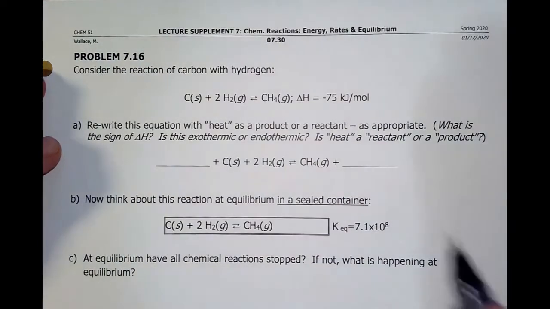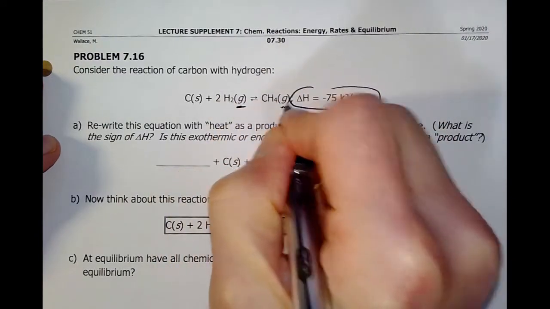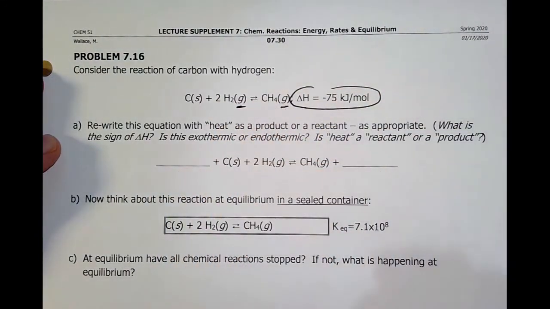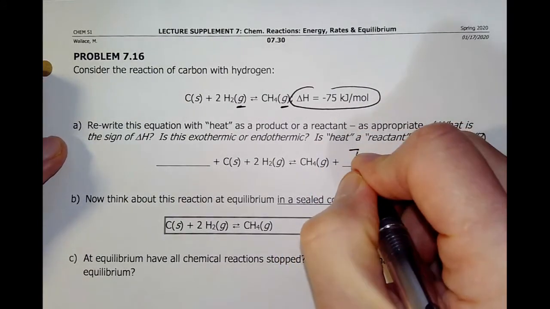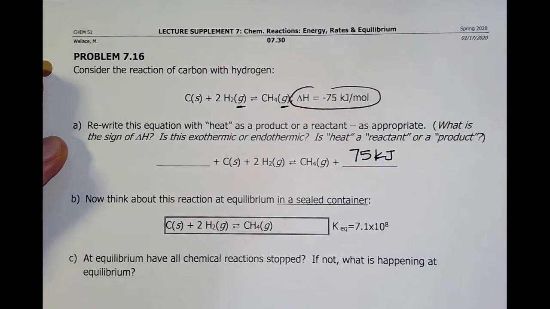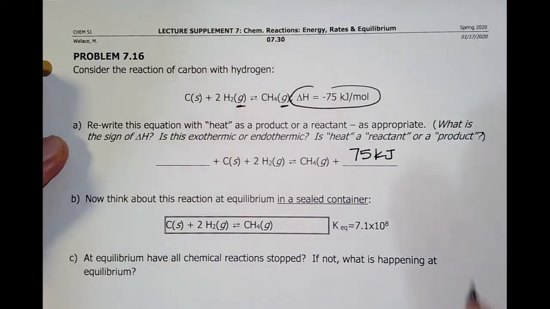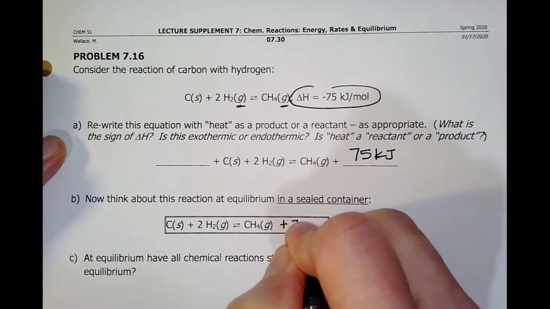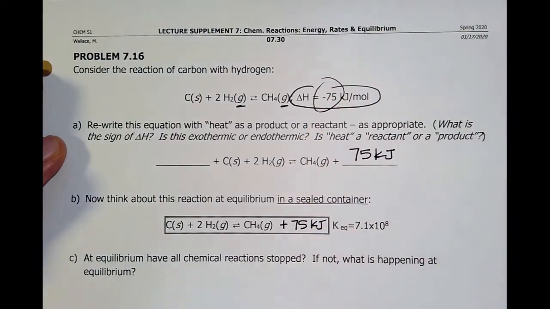Okay, here's my reaction I'm looking at. I've got two gases going to one gas, 1 mole of gas. It's exothermic. I'm going to write the 75 kilojoules out there. Now here's my sealed container. I'm going to put plus 75 kilojoules because that was negative, right?